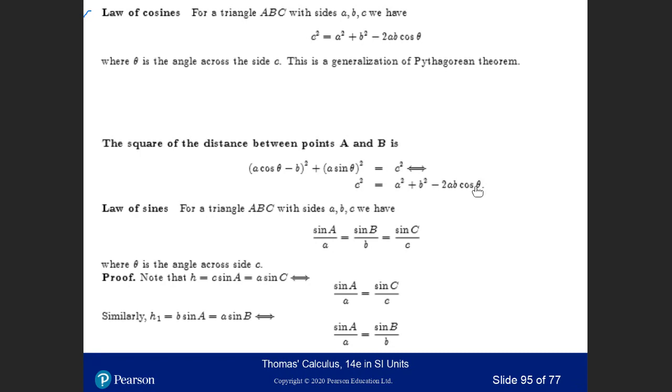Law of sines, as you know: sine A over a, sine B over b, sine C over c. Here sine A is the angle at corner A, B is the angle at corner B, and C is the angle at corner C. Now, the proof is very simple.